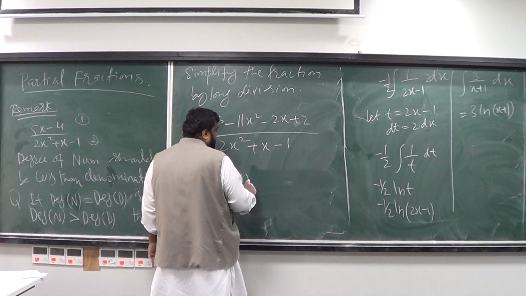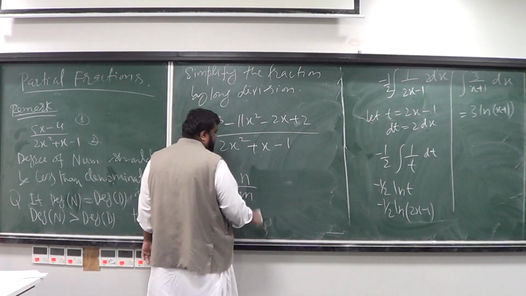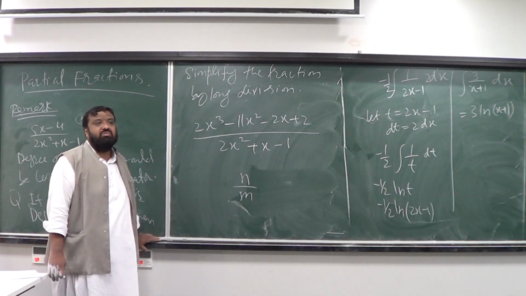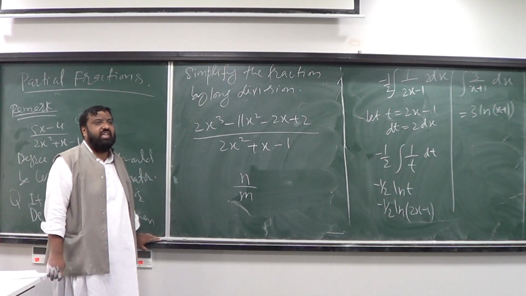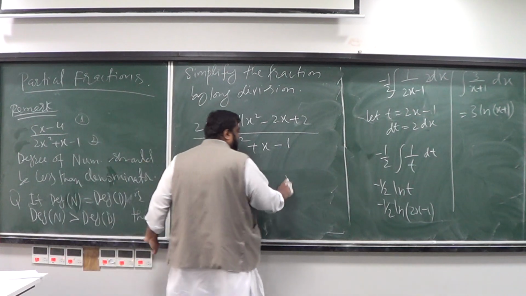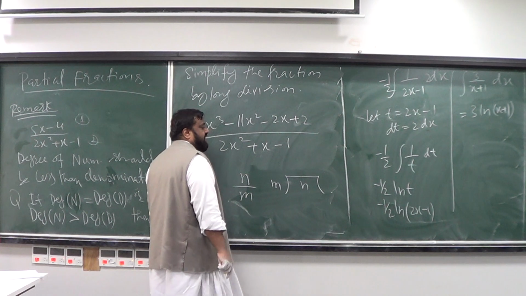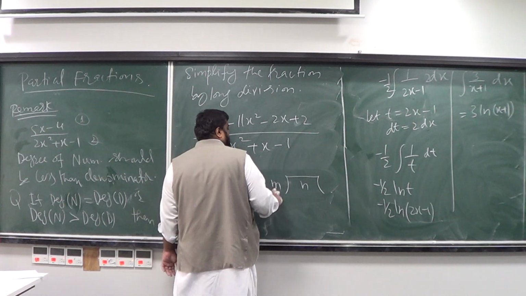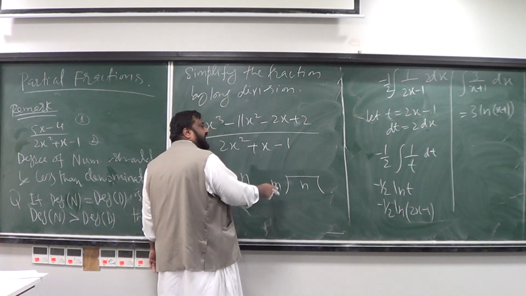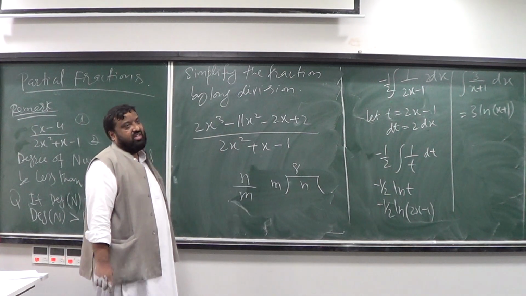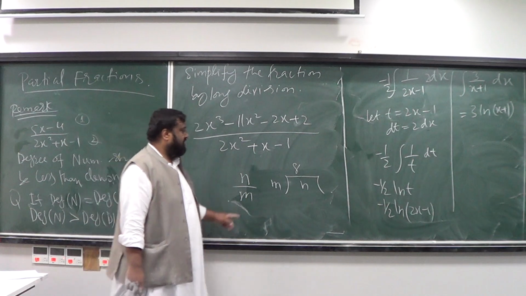If you are dividing a number n by m, the same would be true for polynomials as well. How can I divide it? I read the table of m. So there will be some quotient q.